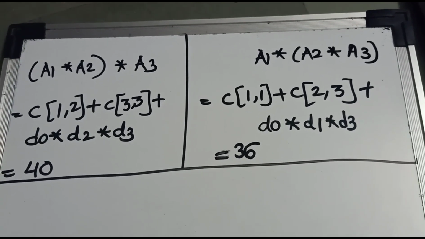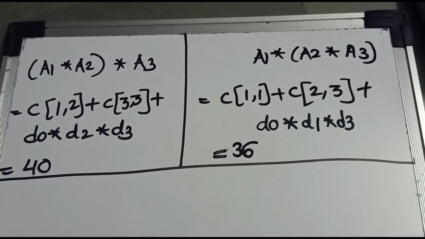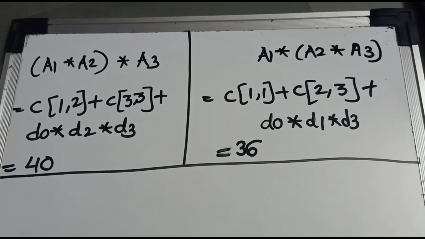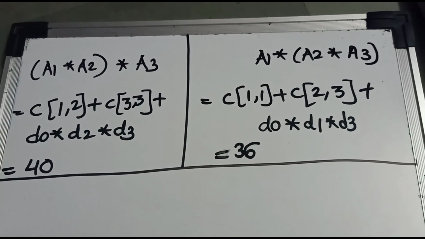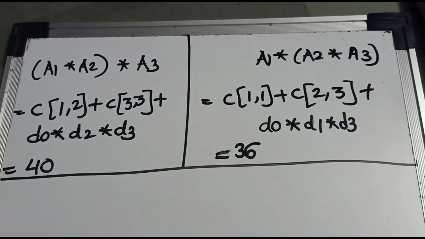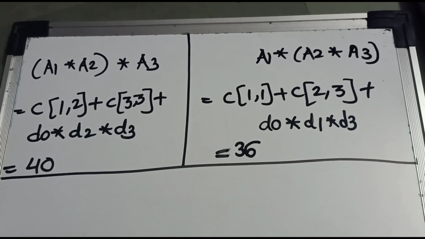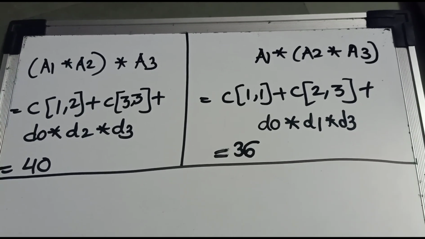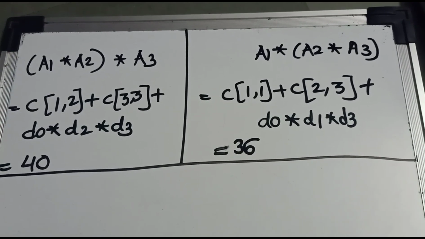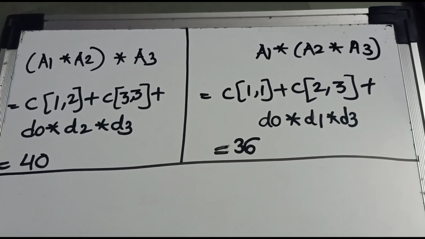The last point we discussed in the first video was an example of three matrices of different dimensions, where we tried to find the minimum value among the possible ways of multiplying these three matrices.